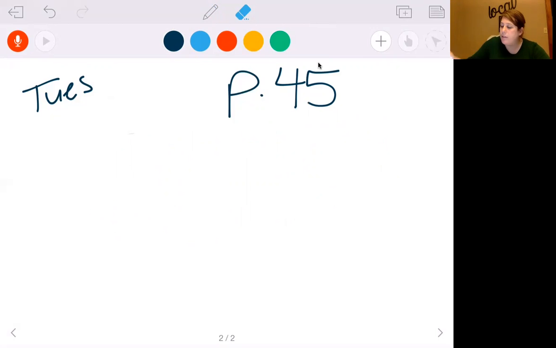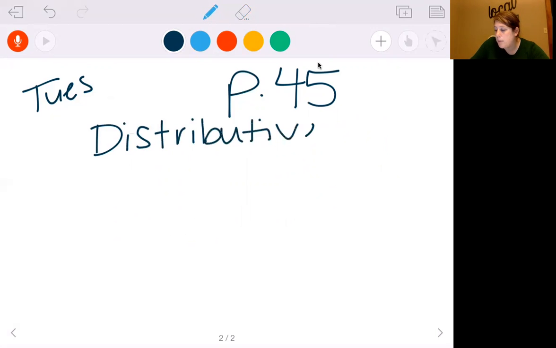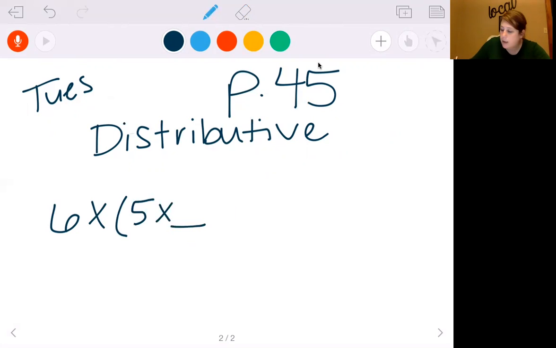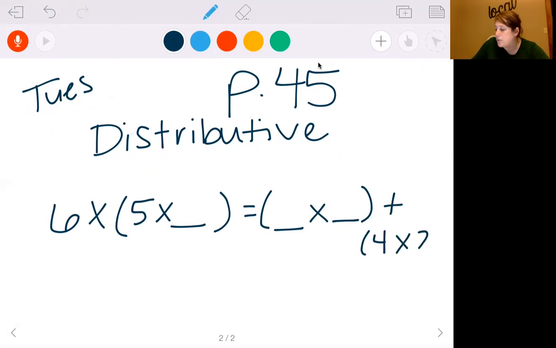Okay, they might give you one like this, where it says distributive property, and then it has something like this. 6 times 5 times blank equals blank times blank plus 4 times 2.